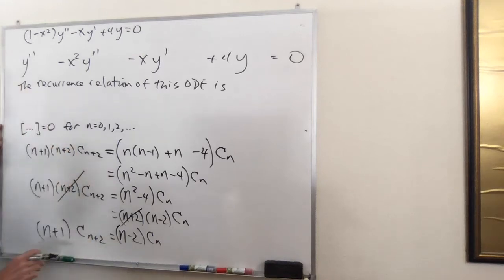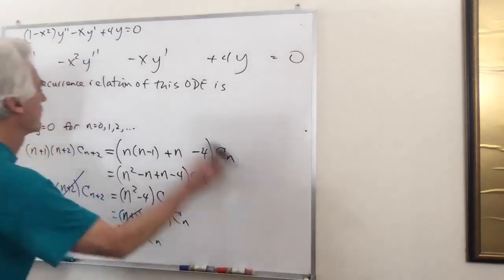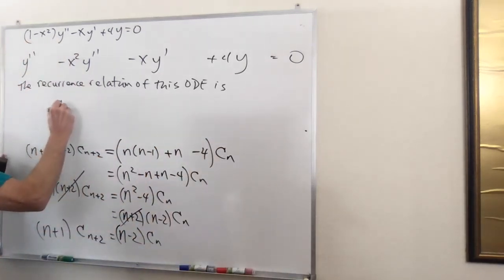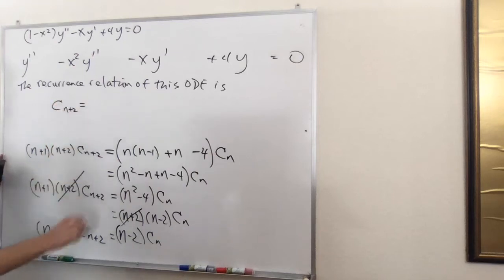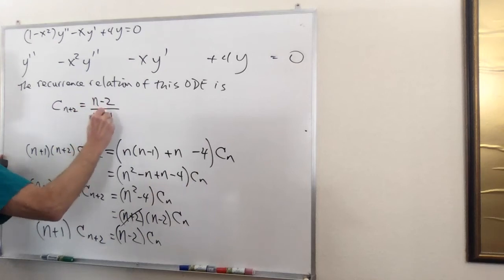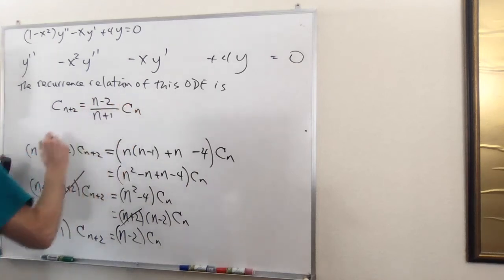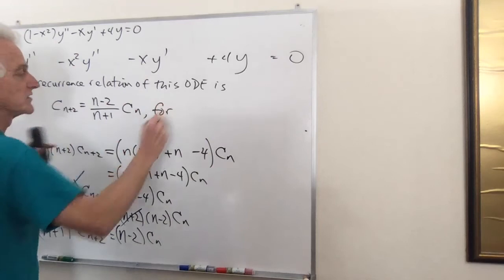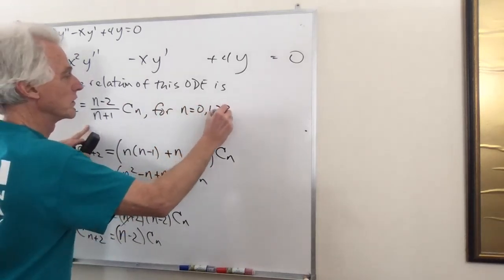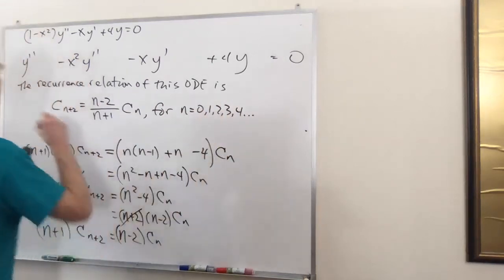It's going to be, drum roll please, Cn plus 2 is equal to n minus 2 over n plus 1 times Cn. And that's got to be true for n is 0, 1, 2, 3, 4, dot, dot, dot.